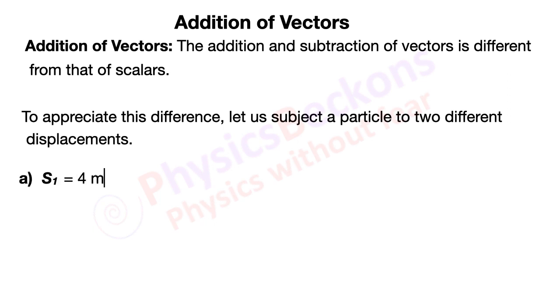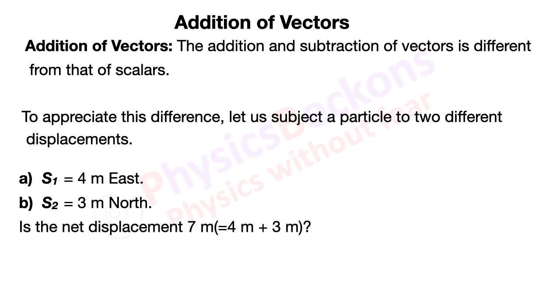The displacement S1, 4 meter east. Another displacement S2, 3 meter north. Let us see the net effect of these two displacements. Is the net displacement 7 meter because it's 4 meter east plus 3 meter north? Will the net displacement be 7 meter? This needs to be probed.